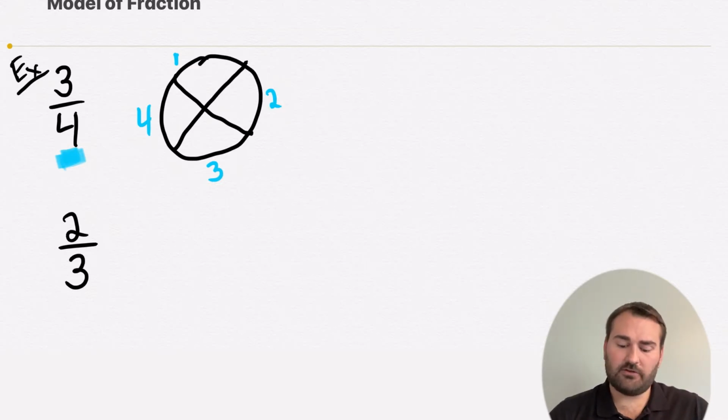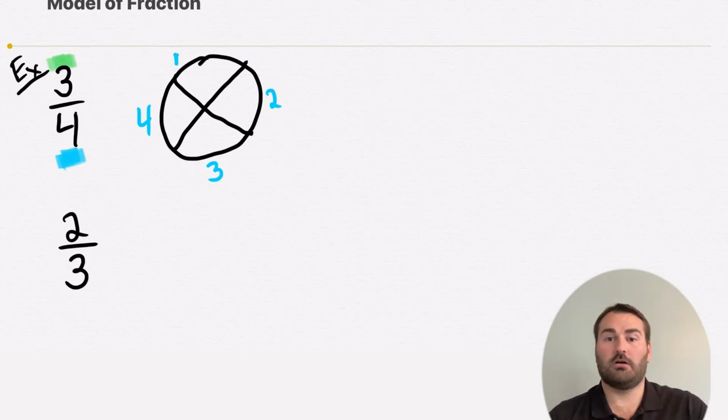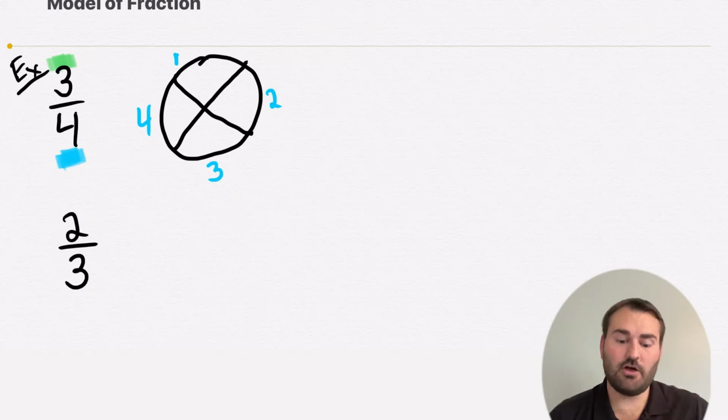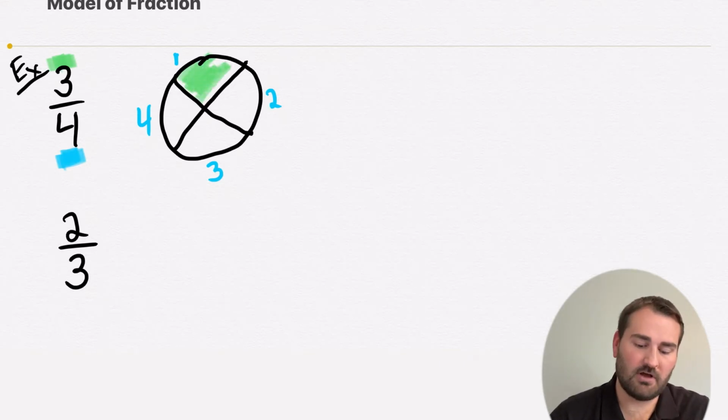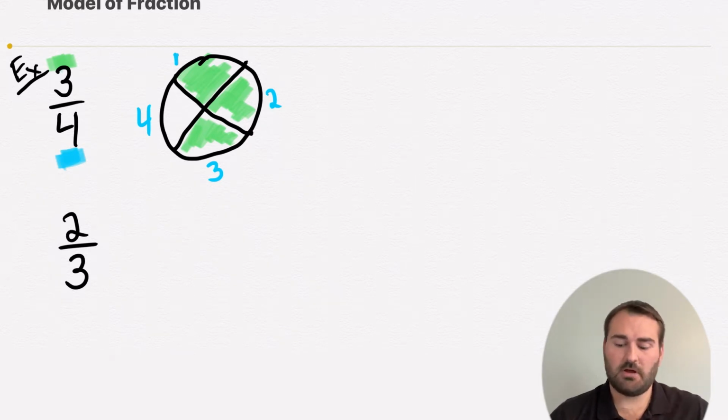So the numerator is 3. So we're going to shade in 3 parts of our circle. And that is how you represent a fraction of 3/4 in terms of a circle. It could be any shape. We're using circles right now.